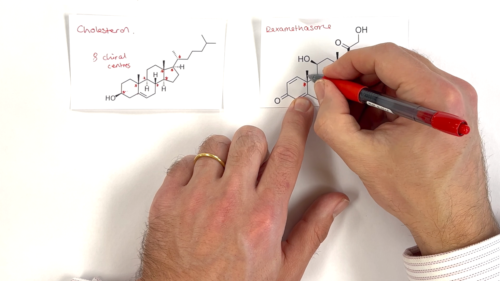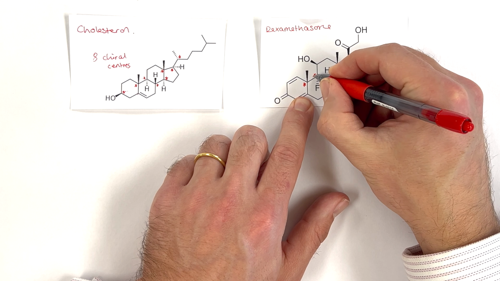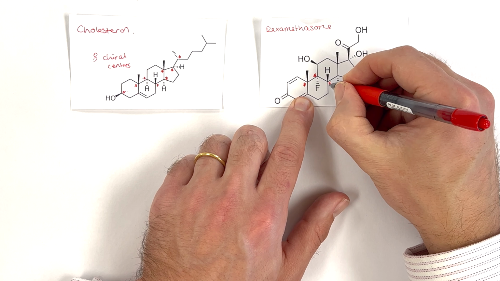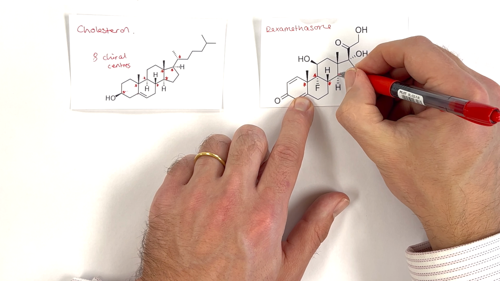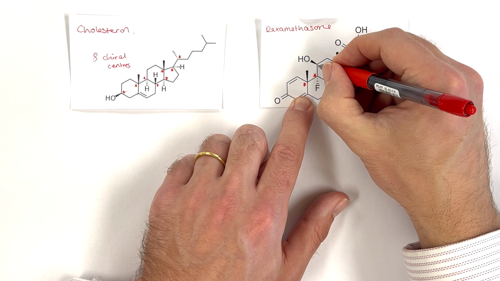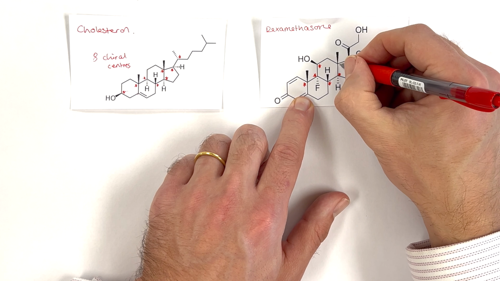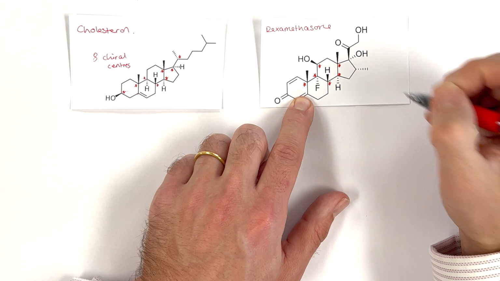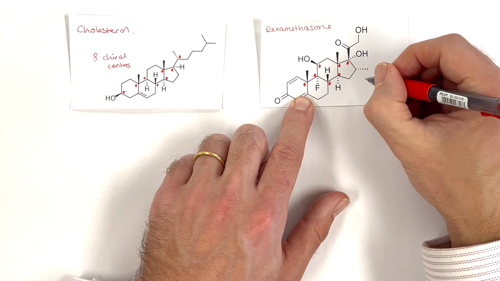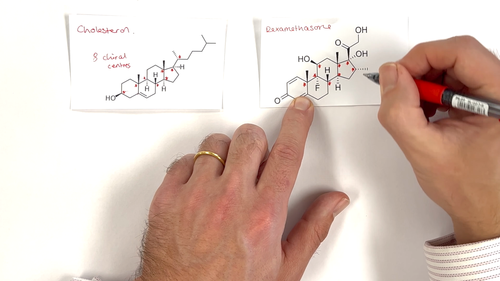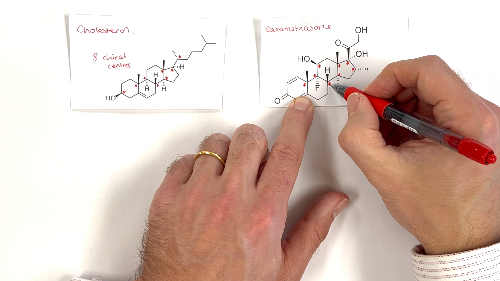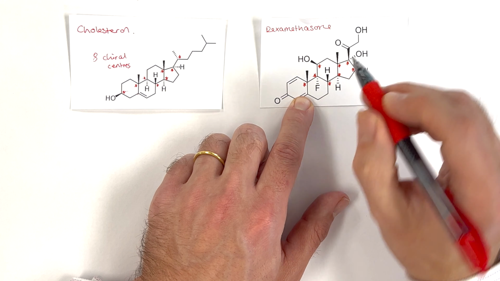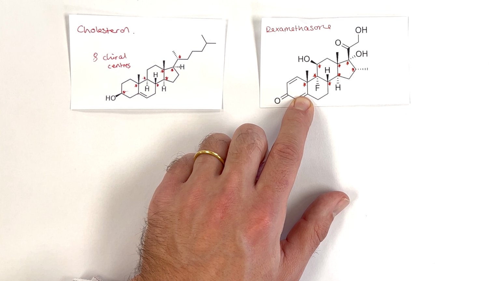So we've got 1 here, we'll have another chiral center there, we've got another one here, another one here, we've got another one on here, one more here, and we've got 1 there, we've got another one here. So we've got 1, 2, 3, 4, 5, 6, 7, 8 chiral centers on this particular molecule.